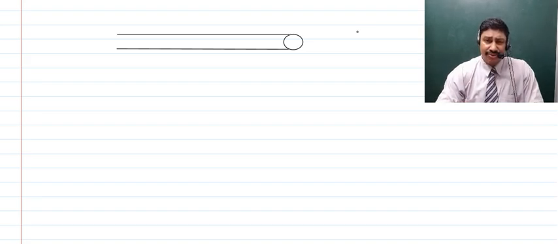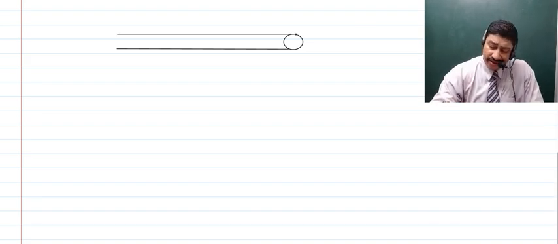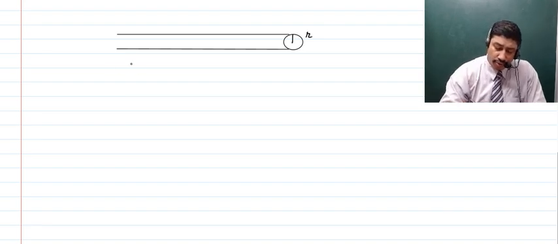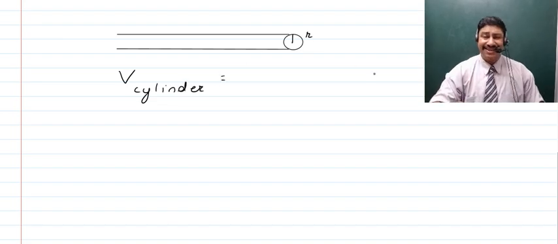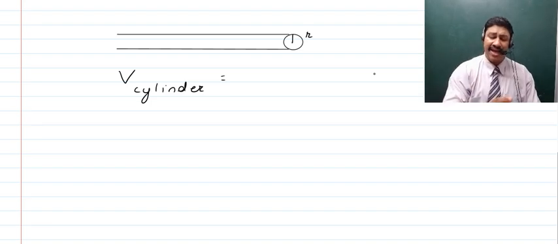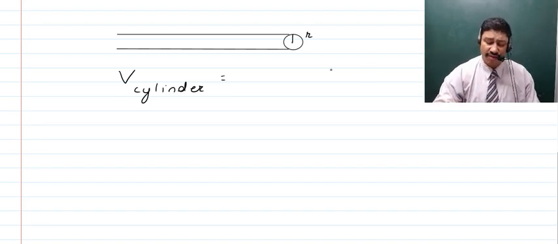And as you know that here we have the circular cross section all through. So if the radius of cross section is r, we can talk about the volume of this cylinder to be the area of cross section of one of the ends multiplied with the length for which it continues.